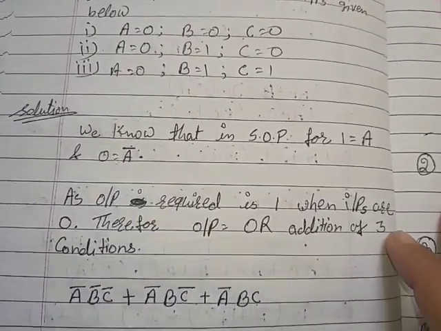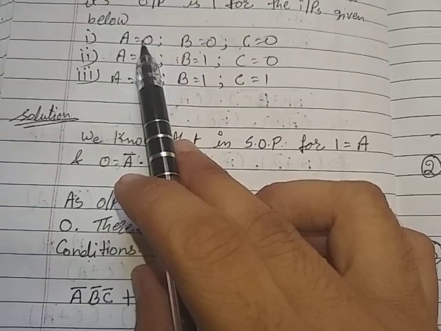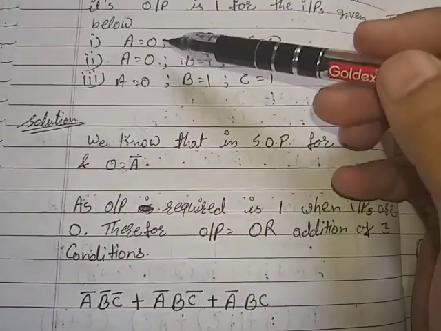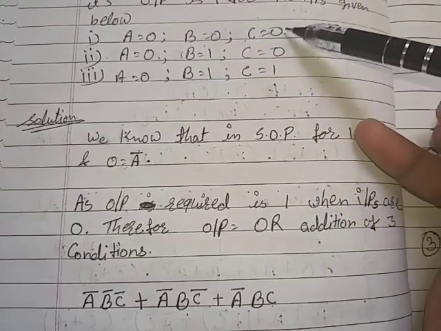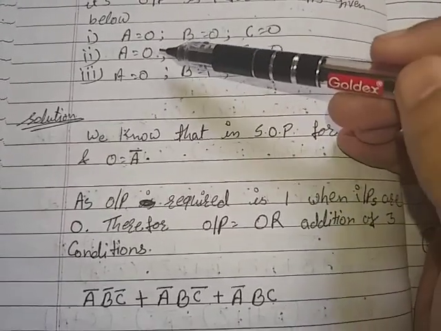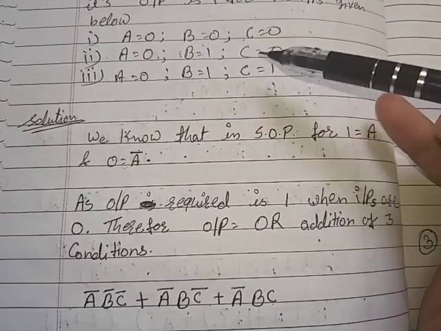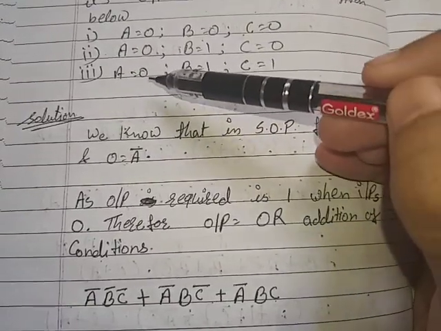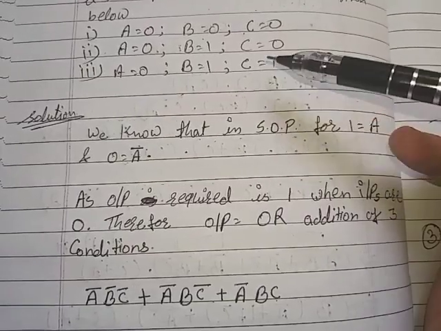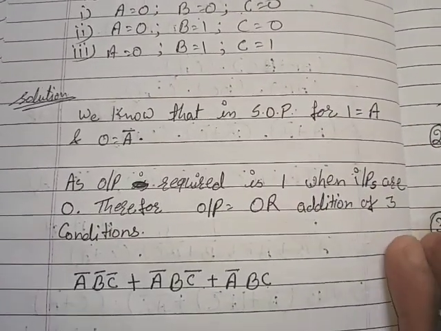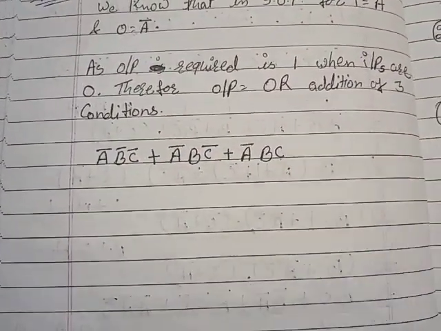So here we go. First we have converted the given conditions into SOP form. So it will become A bar B bar C bar plus A bar B C bar plus A bar B C. Clear? Now we are going to simplify this equation.